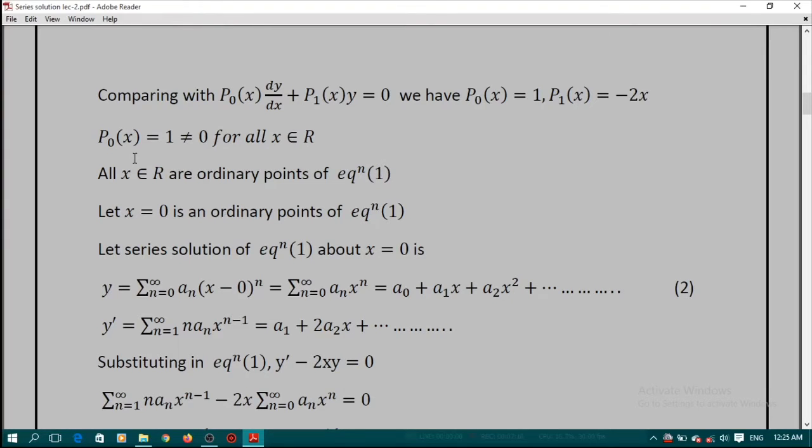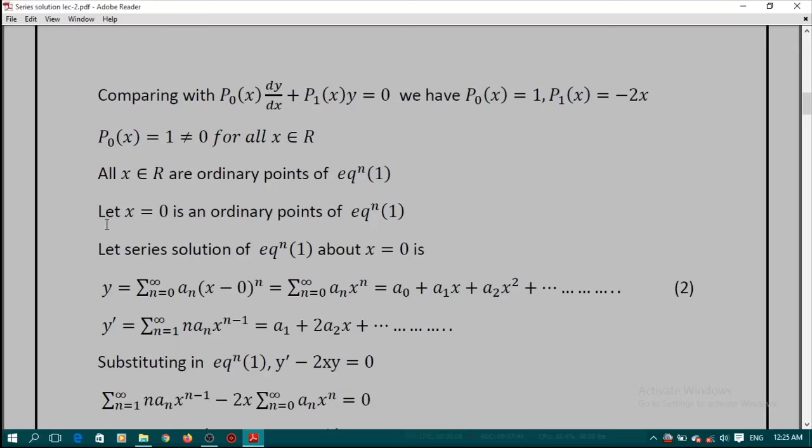So we can choose any point from this entire set of real numbers, and we can find the solution by using the power series method. You can choose x equal to 0, x equal to 1, x equal to minus 1, x equal to 100, or x equal to minus 100, any real number. But for simplicity we choose x equal to 0.